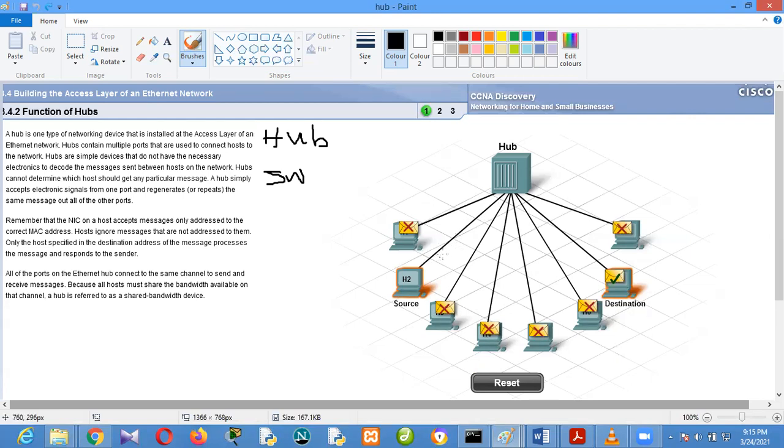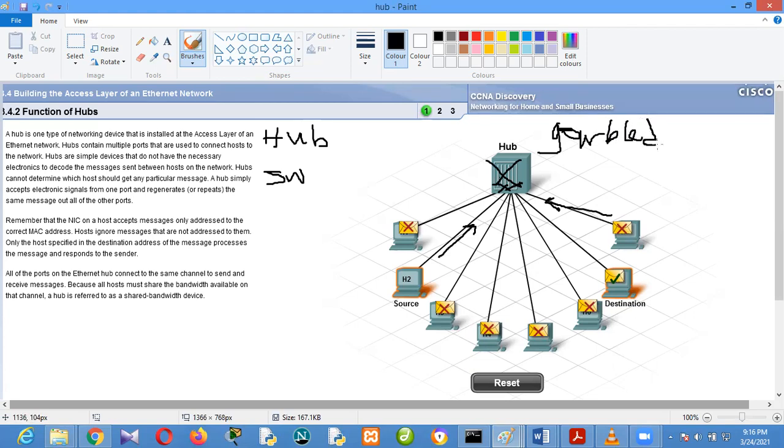For instance, if H2 is sending a message to someone and this one is also sending a message to another person, and for any reason the two messages enter here at the same time, they will collide and become corrupt. By corrupt, I mean the message becomes useless. We call it a garbled message.